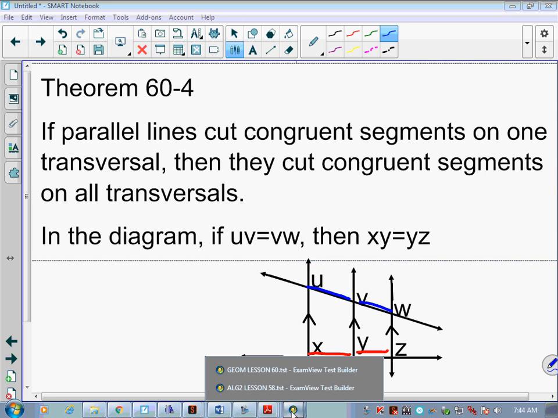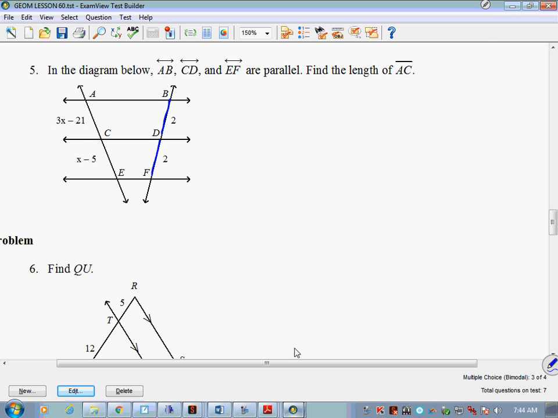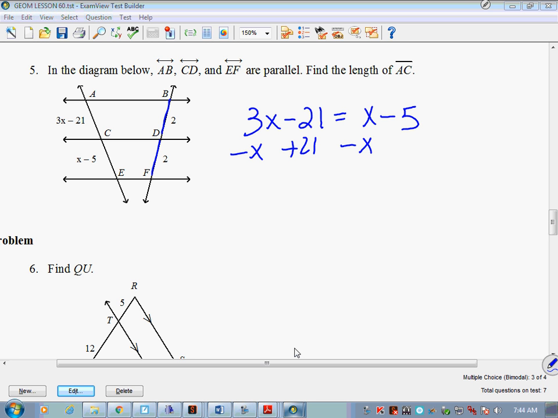So let's go back to this because we can actually make this a lot shorter than just doing a proportion. Because BD equals DF, then I know that 3x minus 21 equals x minus 5. We could subtract x, add 21. 3x minus x is 2x.